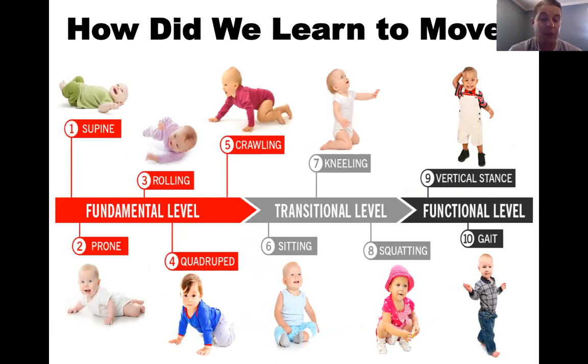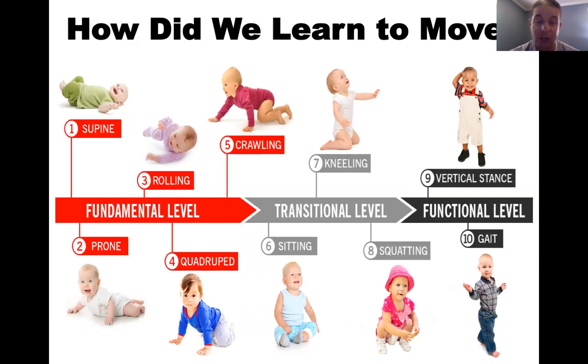We learned how to move in the first 21 months of our life. Now, the World Health Organization has standards for movement for the first 21 months of our life. What we look for is that when a baby starts to develop, they first start by eye tracking, then they'll start to lift their heads and roll over, then they'll go up onto hands and knees and begin to creep and rock, then they'll start to crawl, and then they can hold themselves up in a seated position, eventually up into a kneeling position.